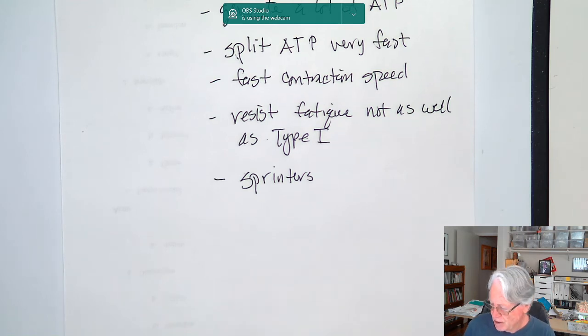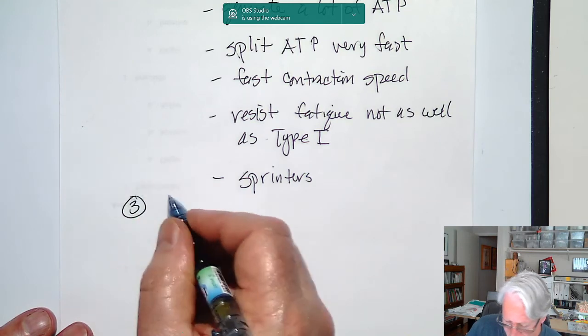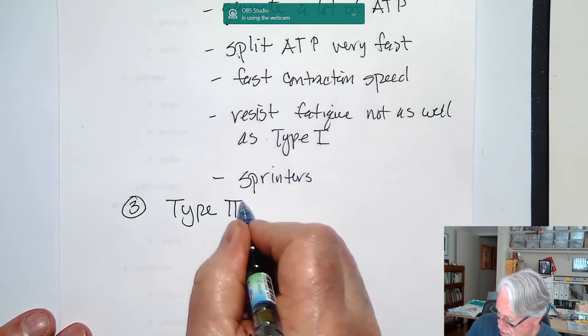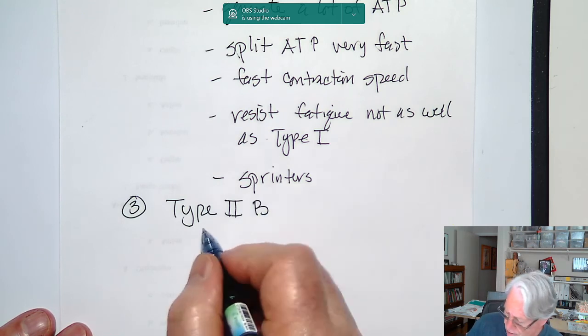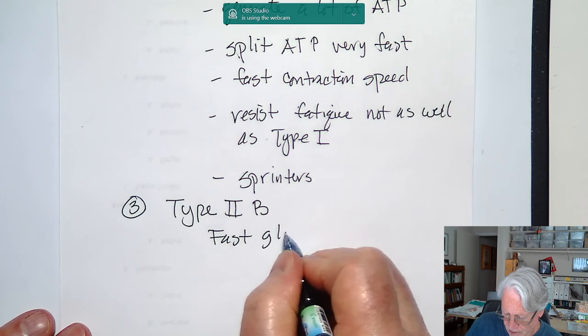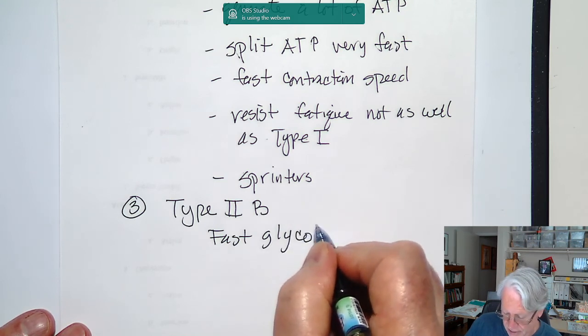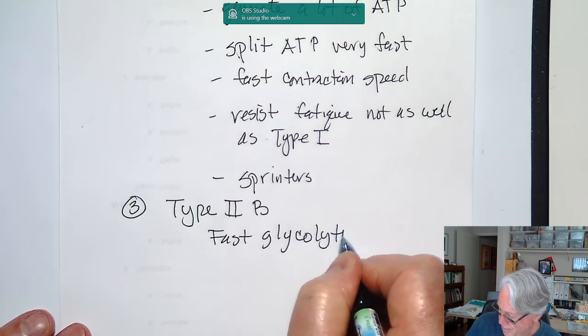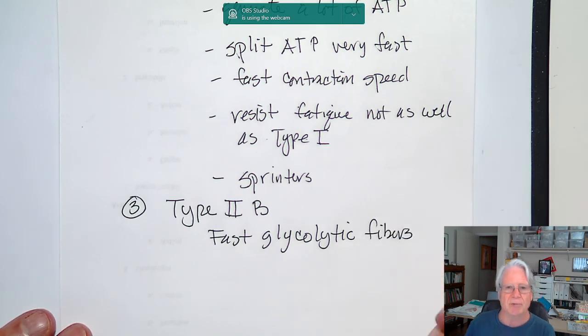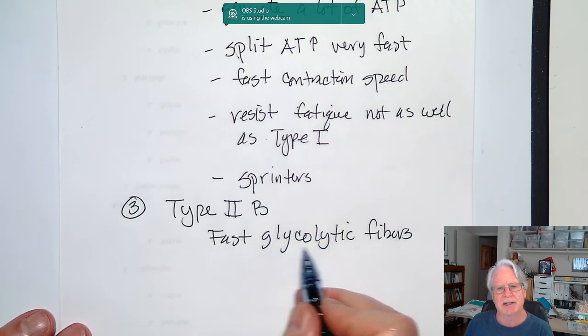Okay. The third and final type of fiber is the type 2B, or fast glycolytic fibers. Notice that we've changed the term here, glycolytic.